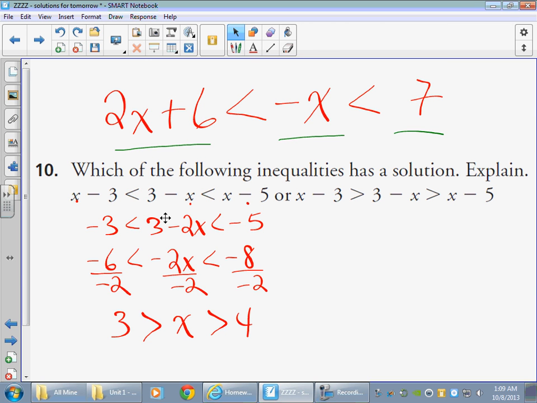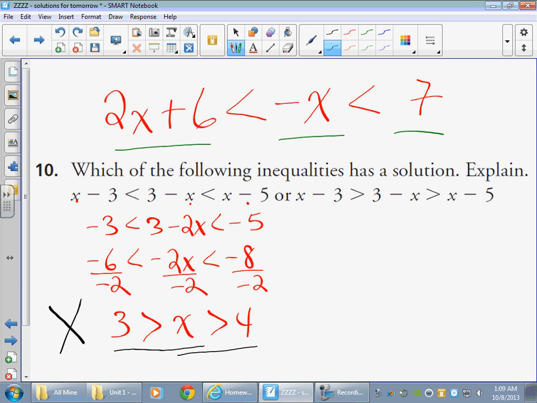And hopefully you recognize that cannot be the case, because this is saying that 3 is bigger than x and x is bigger than 4 at the same time, which in fact is saying that 3 is bigger than 4. Clearly that's not the case. If we do this other one, again fairly quickly, I'll do exactly the same steps. Subtract the x first. I get negative 3 is less than 3 minus 2x, which is greater than negative 5.